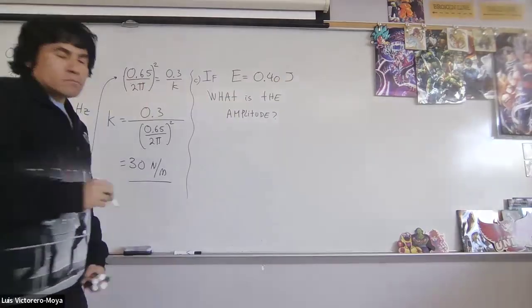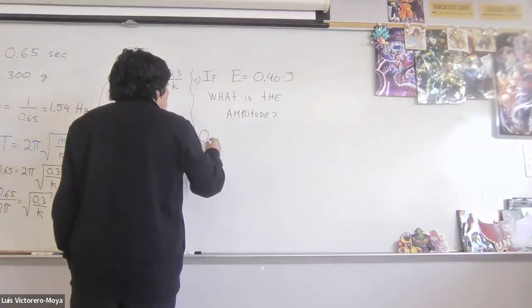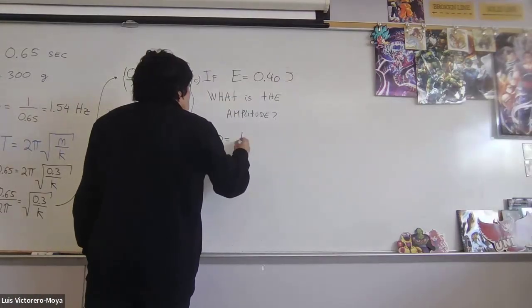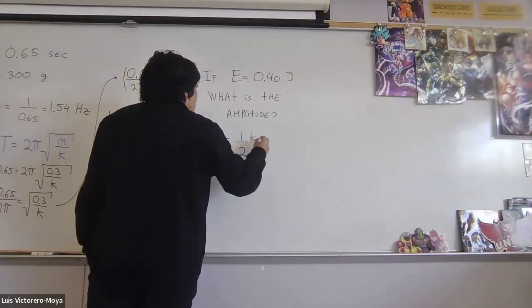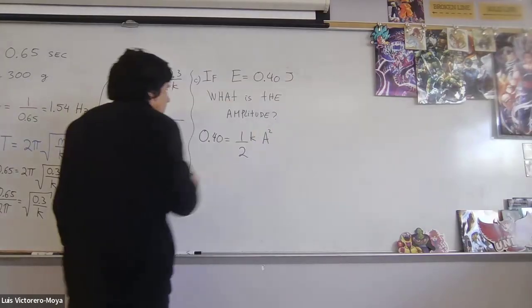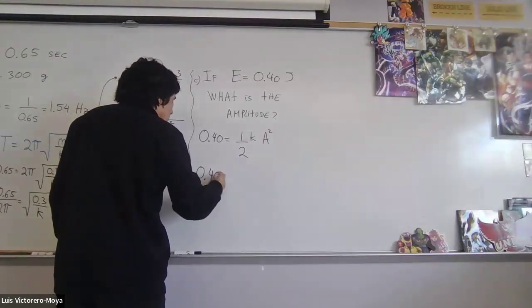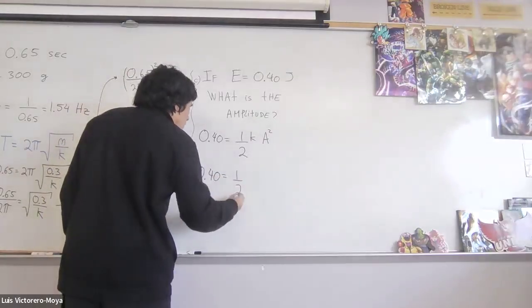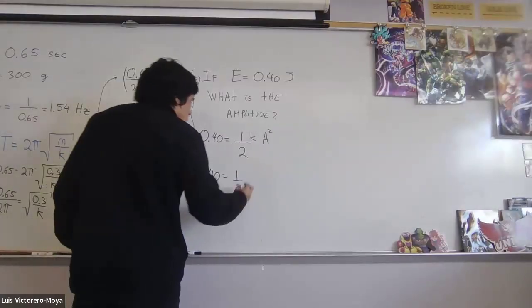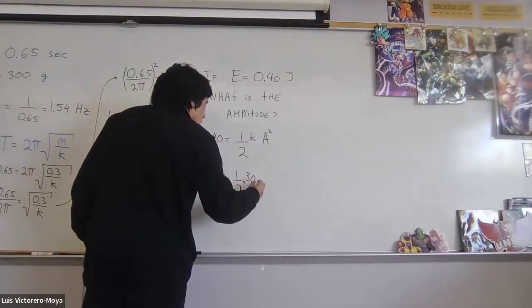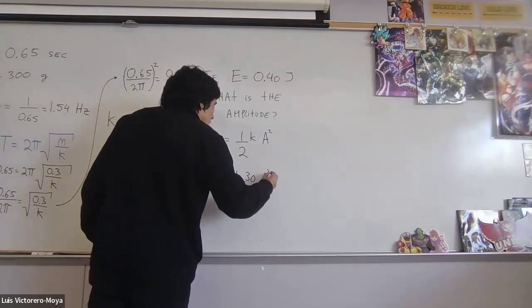To do that, you just make 0.40 equal to 1/2 k A squared. 0.40 equals 1/2, k is 30, times A squared.